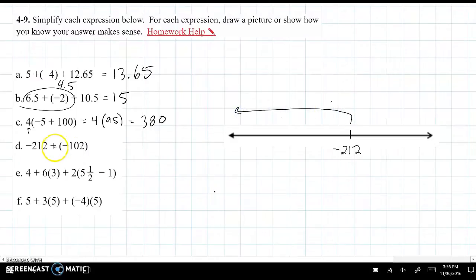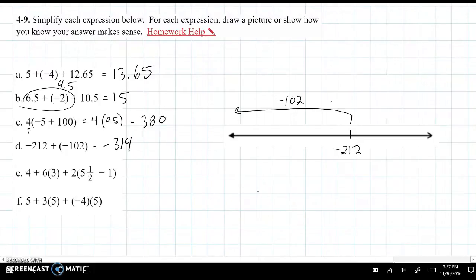Just like subtracting will take me that way, so adding negatives. If I'm going more this way, I'm going to add these guys together, and that will get me 212, and adding another 102, that's 314 negative dollars that I now owe somebody.